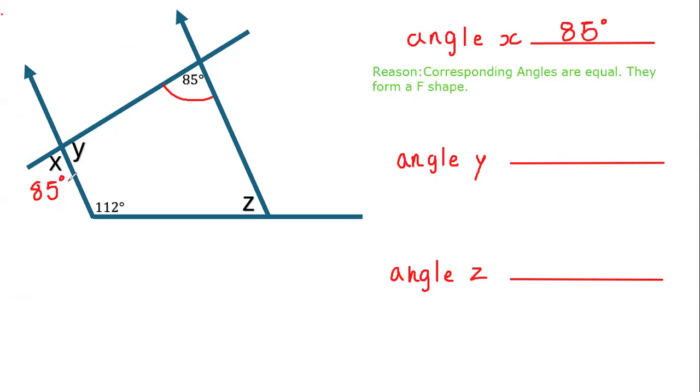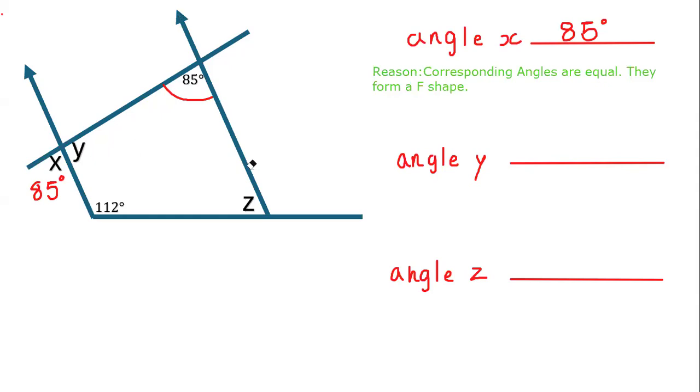Mr. Petit, you could tell me the reason why it's 85. I know you say it's an F shape, but is it more than that? It's because they are corresponding angles. If you want to be a little more technical, we have parallel lines, right?